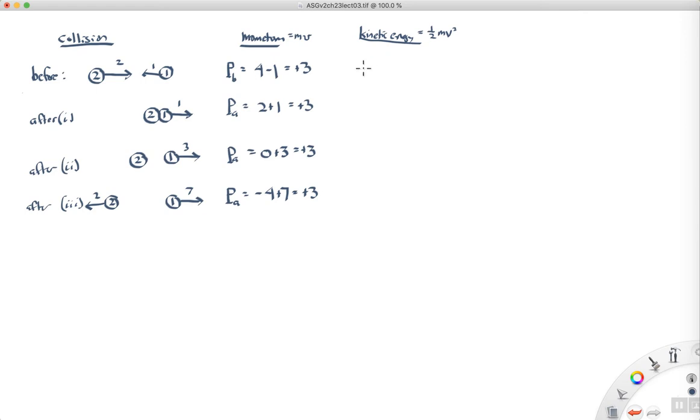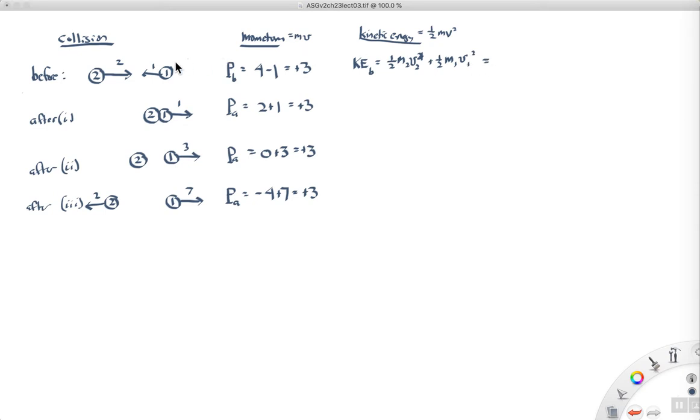So in the case of what happens before the collision, what is the total kinetic energy of this system of two balls before the collision? Well, it's the kinetic energy of ball 2, 1/2 mass 2 times the velocity of 2 squared, plus 1/2 the mass 1, velocity 1 squared.